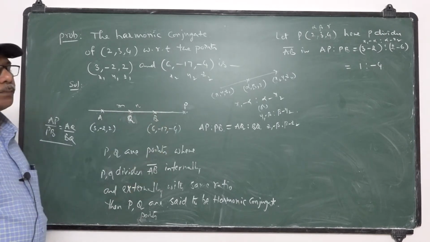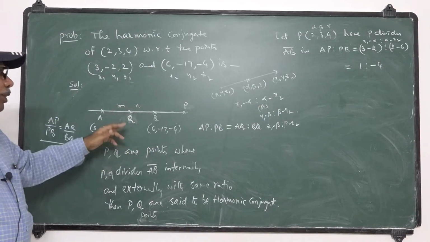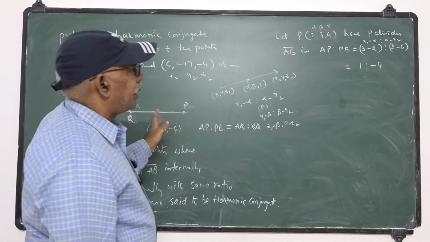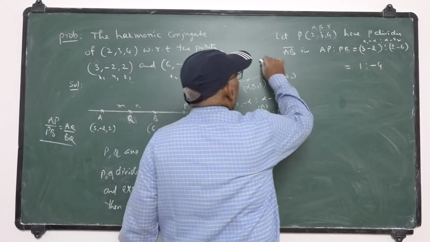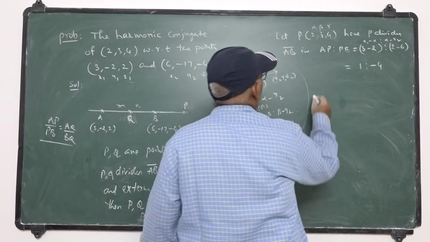So change the figure here. P is an external division point in the ratio 1 is to 4, and Q divides internally in the same ratio. In such a case P and Q are said to be harmonic conjugate points.